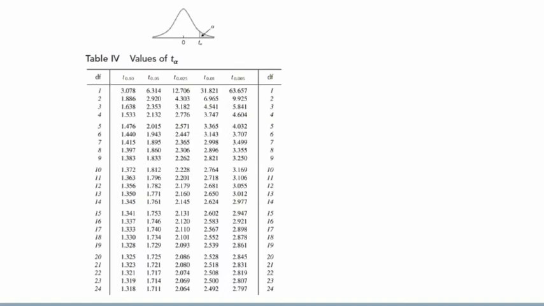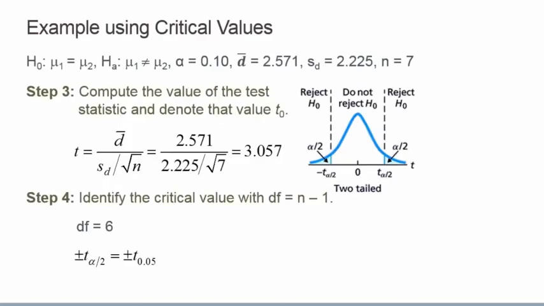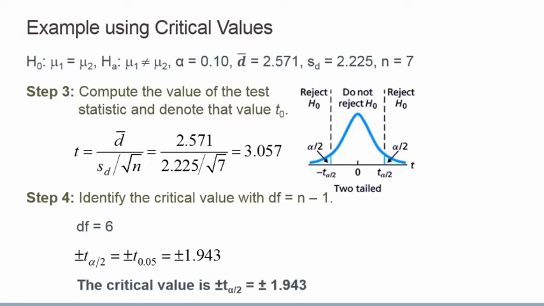Going to our table, we want to go to row 6 and column t sub 0.05, which is 1.943, which gives us plus or minus 1.943. The critical value is plus or minus t sub alpha divided by 2 equals plus or minus 1.943.